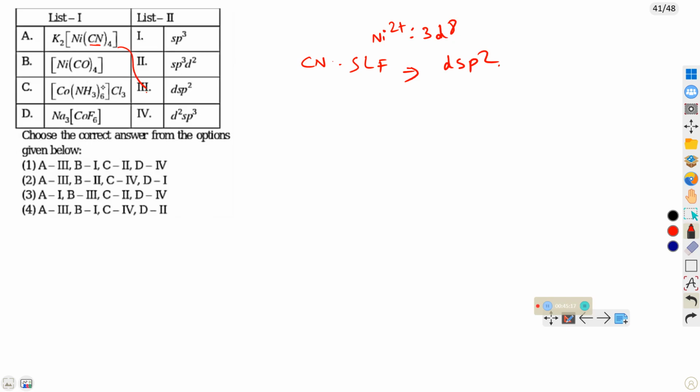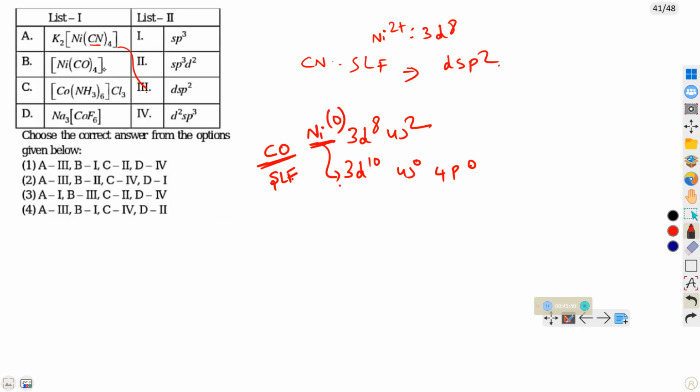Ni(CO)4: nickel oxidation state is 0 here. 3d8 4s2, regrouping takes place, then 3d10 4s0 4p0. CO is also a strong ligand field, but nickel is in 0 oxidation state. So that's the reason it undergoes sp3 hybridization. A3, B1. Now [Co(NH3)6]Cl3. We know that this is d2sp3 hybridization. The correct answer is the fourth option.